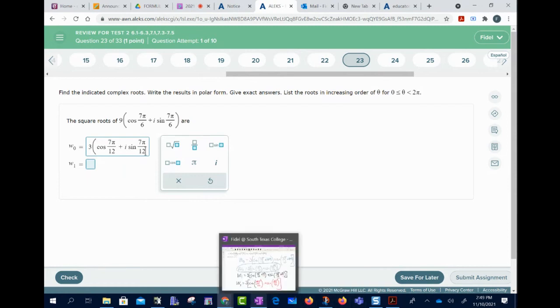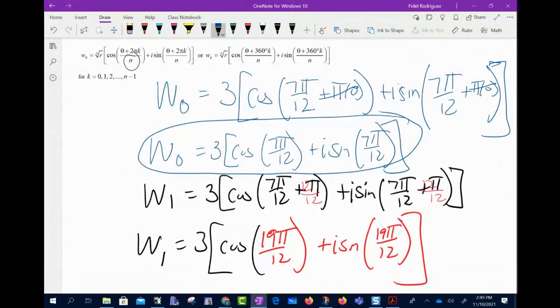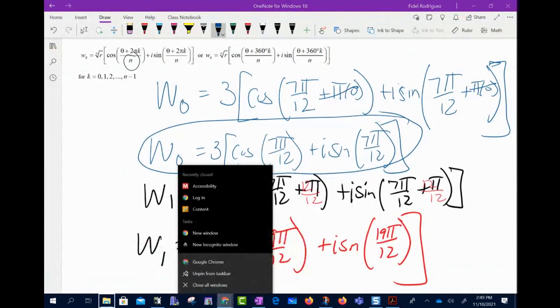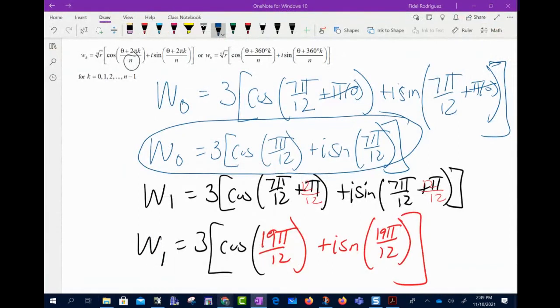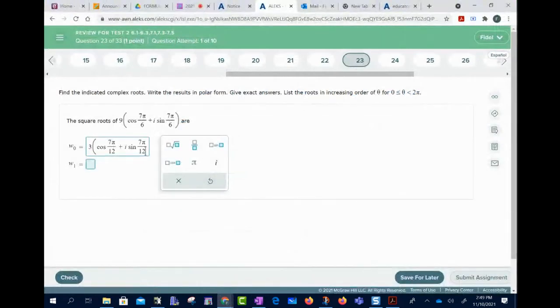For the first one, that's right, we had 7, and then the second one will be 19. Yeah, you're good. Don't worry, it's okay. Then close my parentheses. All right, and then the second one, same thing.